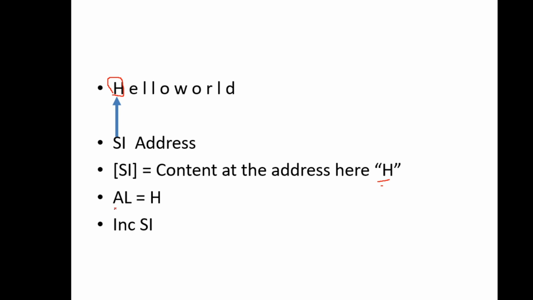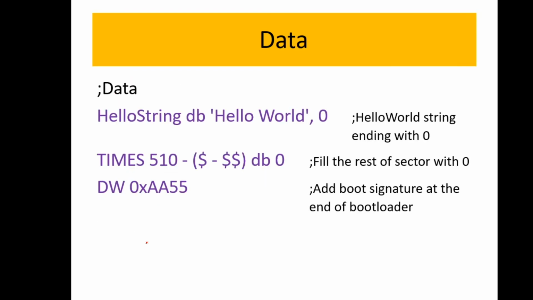So AL will be holding H now. Next we have to increment SI. If you increment SI, now the pointer will move to E. Now AL will contain E, and then we have to increment again. So this is the process.